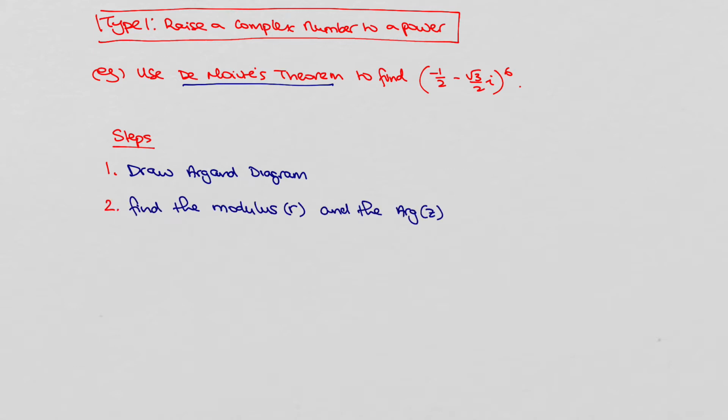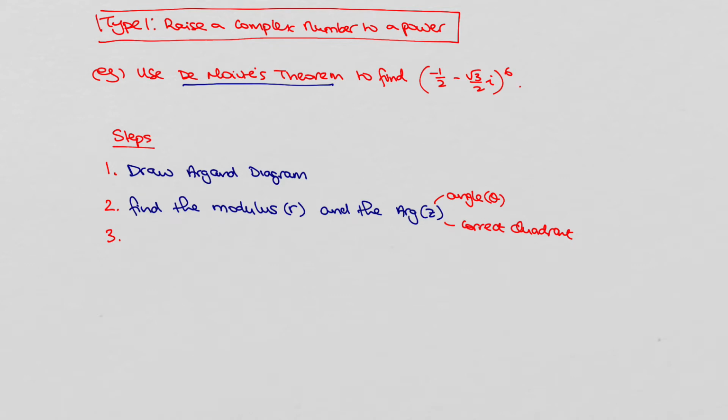The second thing we want to do is find the modulus and find the argument of z, where the argument of z is basically the angle. In other words, we're looking for theta here. And we want to make sure that it's in the correct quadrant. So we'll always be looking at the reference angle and then apply the correct quadrant rule to find the angle for either the second, third or fourth quadrant, if it's not in the first.